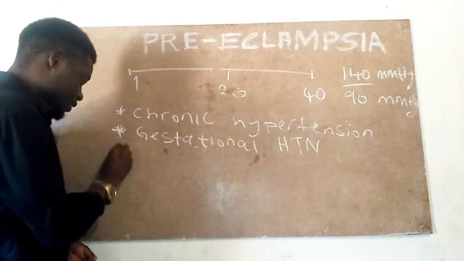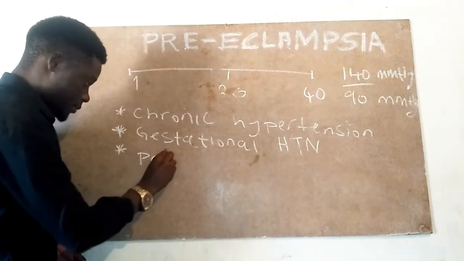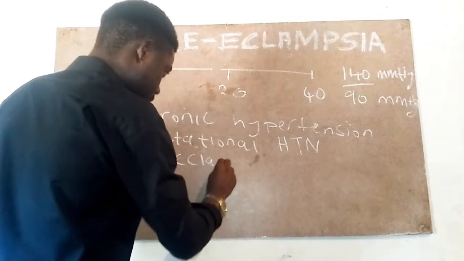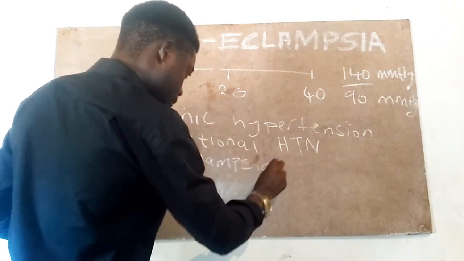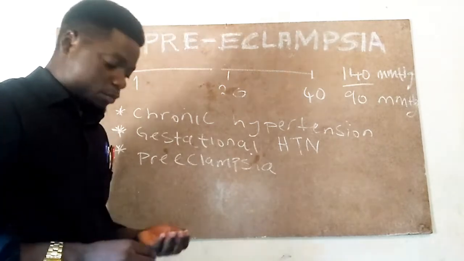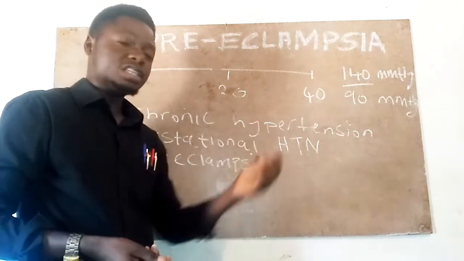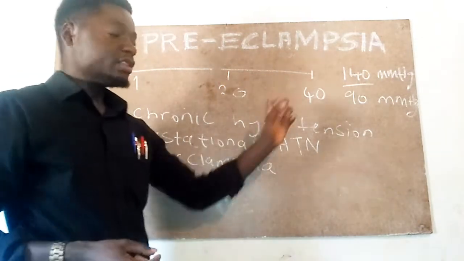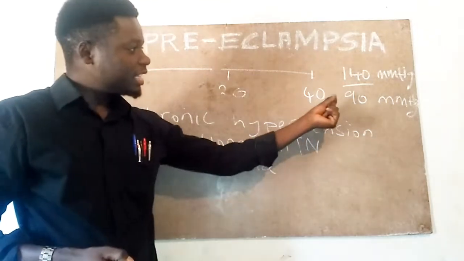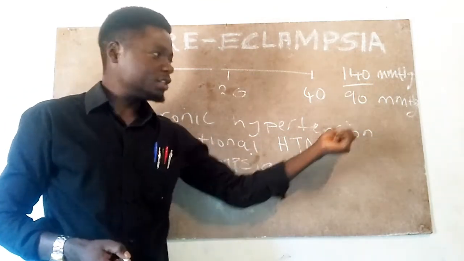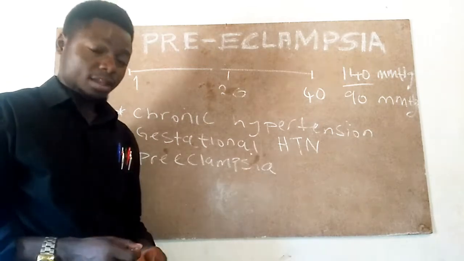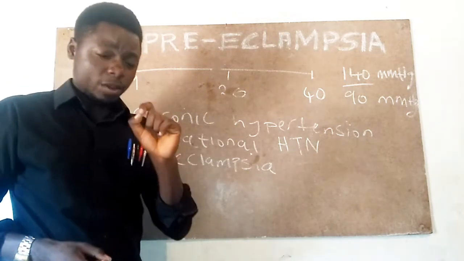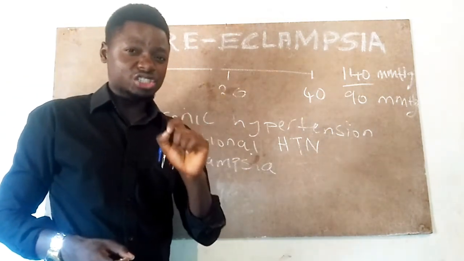The other one is preeclampsia. Now, this is also blood pressure of at least 140 millimeters of mercury, being the systolic blood pressure, and the diastolic blood pressure of at least 90 millimeters of mercury. And in this one, we are going to have protein in urine.